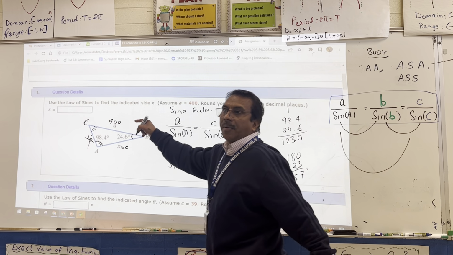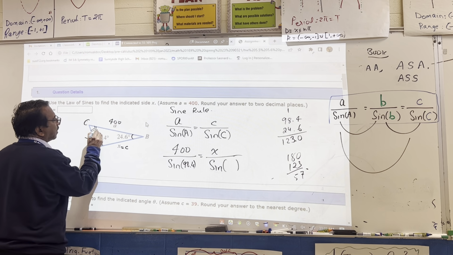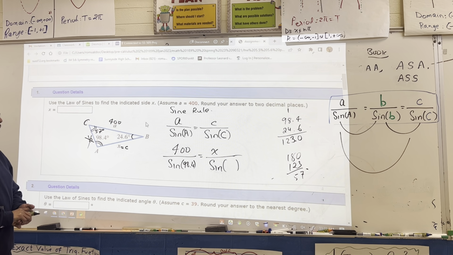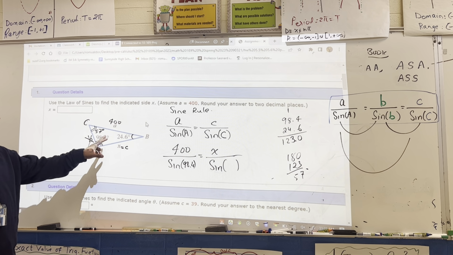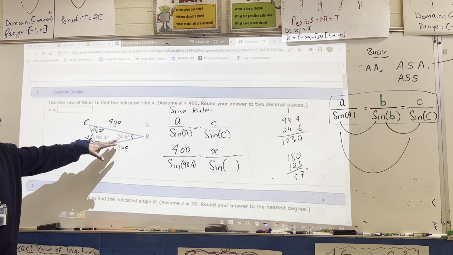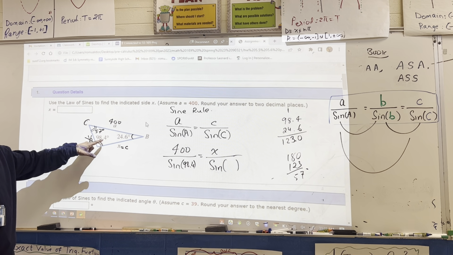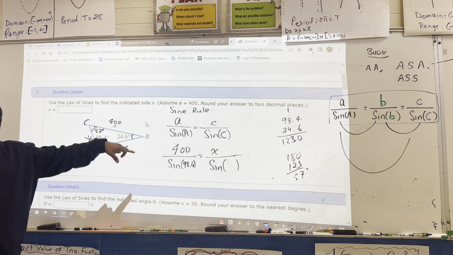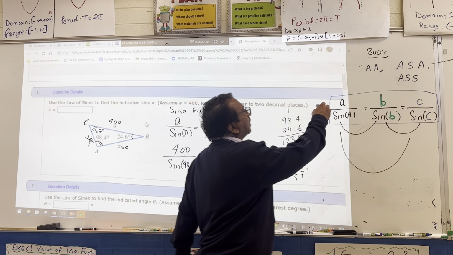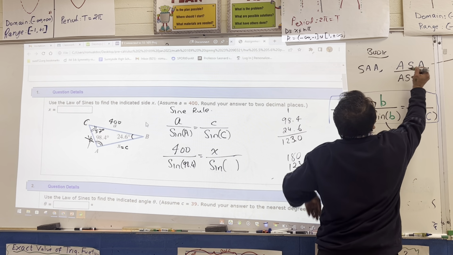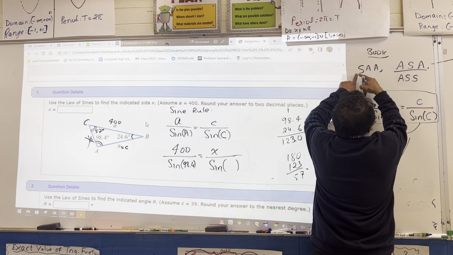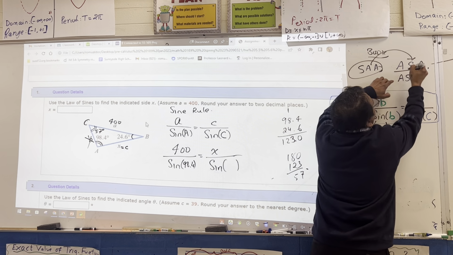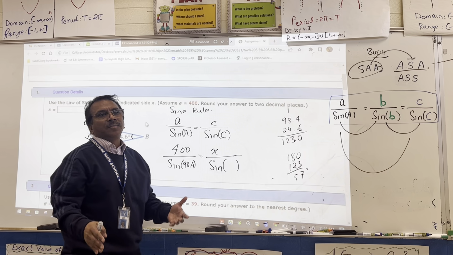So on your paper, let's write down this 57 right here. Okay? They did give you two angles and a side, and by default you can see it's ASA also. It becomes ASA. See, I was talking about ASA. If they give you two angles and a side that is not included, we can make it an ASA by subtracting.